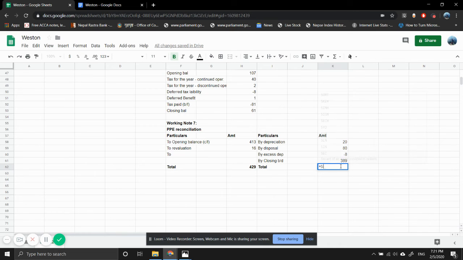So this should give a total sum of everything. It's not minus. So this will be the same figure, and then this will be purchase, right? This is the balancing figure. Minus this, 68, right?